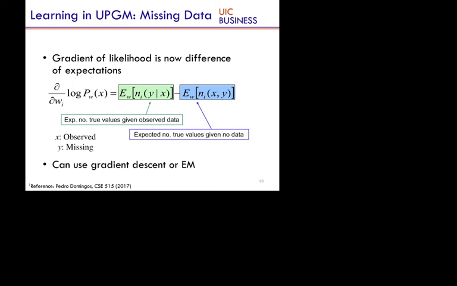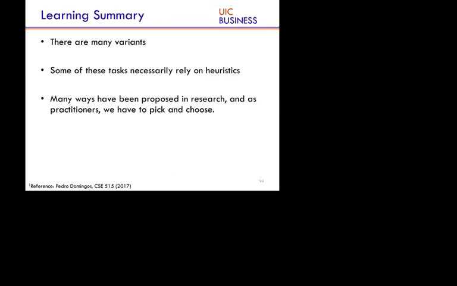Okay. So anyway, all these variants exist. It just depends on the problem or what you have. And some of these are necessarily heuristics, or there are a lot of design choices to be made, and we just have to pick and choose what we're going to do. Any questions?